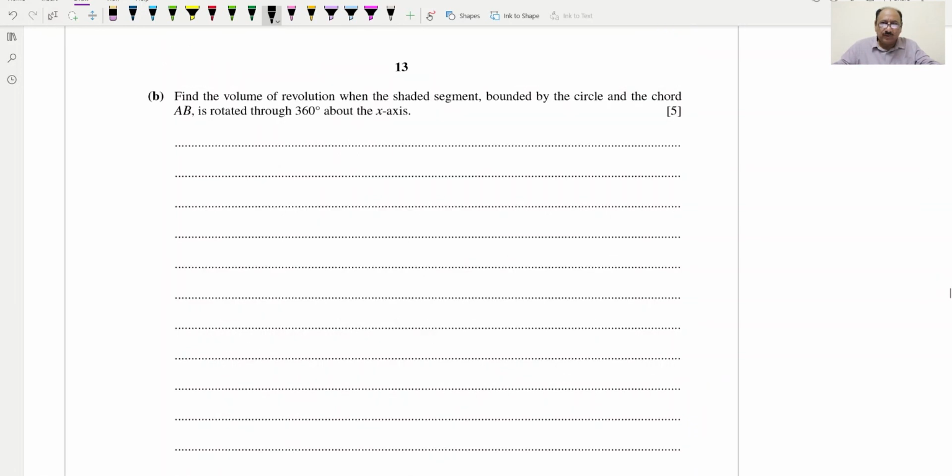Now for B part, it says find the volume of revolution when the shaded segment bounded by the circle and the chord AB is rotated through 360 degrees about the x-axis. This is a 5 mark question, and for a segment which is rotated 360 degrees about the x-axis, we are doing pi integral y squared dx.